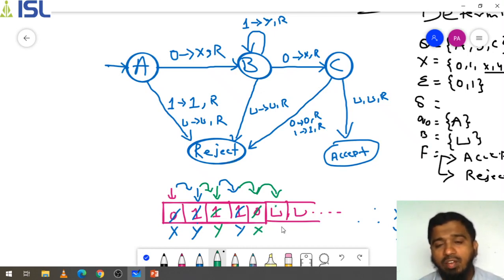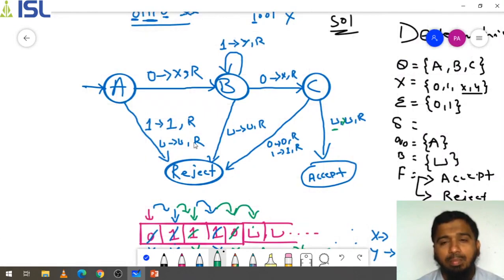But I do not have any input symbol or input alphabet here. This is a blank. So if the blank is there, that should be replaced with blank and move to right, that is accepted. Your string is accepted. Okay.